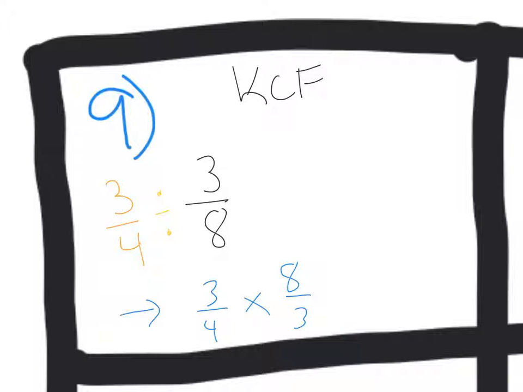We've got some cross-canceling going on here. 3 cancels with 3, and you get 1 and 1. And then 4 can be divided into itself 1 time, and 8 can be divided by 4 2 times. Very nice. Simple and easy. Multiply straight across the top and the bottom, and that will get you 2 over 1, which is just the same as 2.